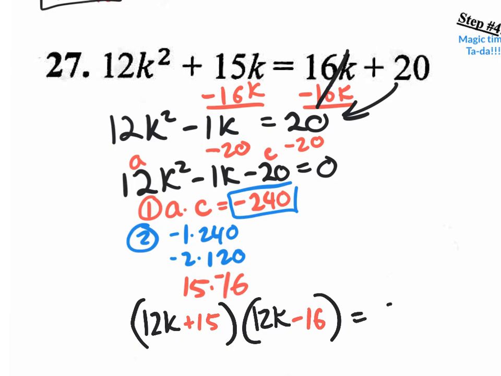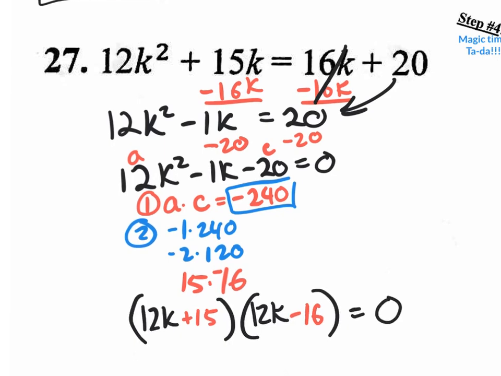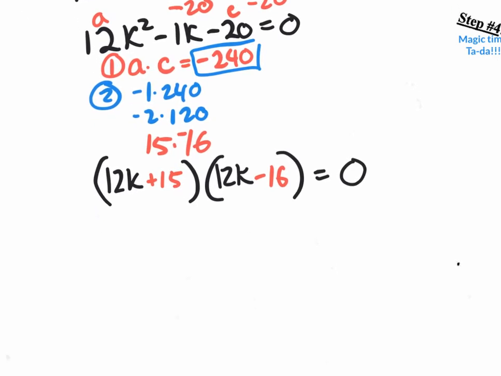It's still equal to 0, but we still need to magically divide both binomials by whatever we can. 12 and 15, what could we divide those by? 3. If we divide those by 3, we're going to end up with a 4K plus 5. If we divide those by 2, we'll end up with what?